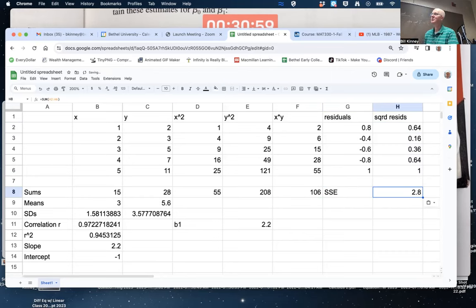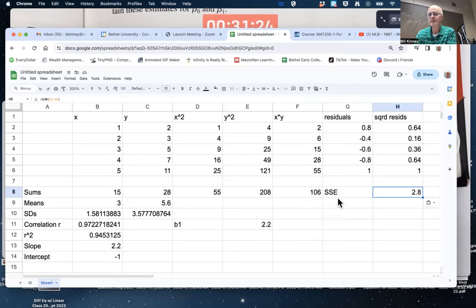There's SSE. 2.8 is the minimum value of SSE when B0 is -1 and B1 is 2.2. SSE is minimized. If you used any other slope at any other intercept, used any other line, you'd get a bigger value of SSE. That's the minimum value of SSE for a line for these data points.